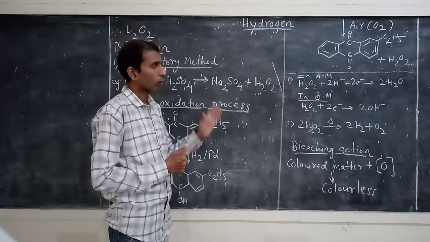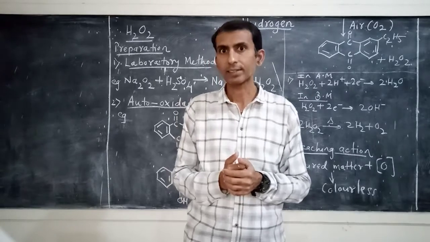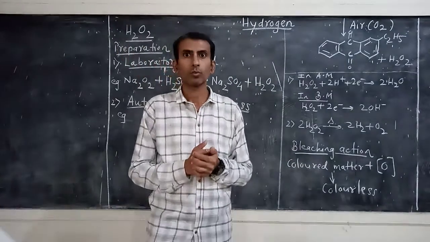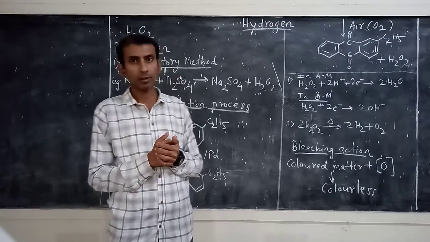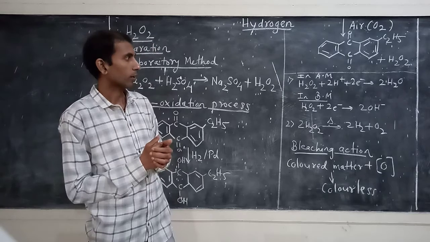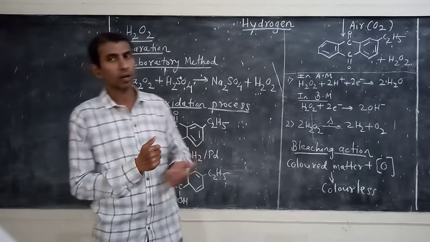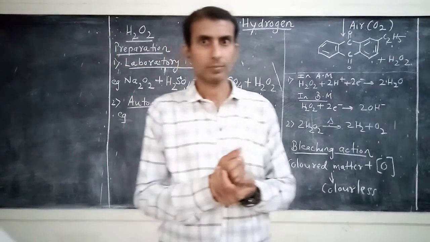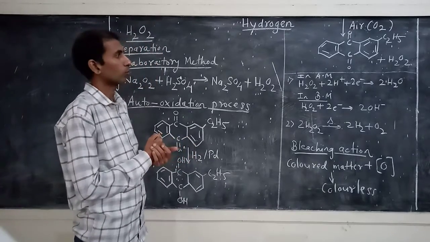So your chemistry copy you have to complete and keep it ready for submission. Okay, as you have already submitted periodic table. Okay, and the next chapter will be now hydrogen. Okay, so that also will be checked, and we'll continue with our new chapter.